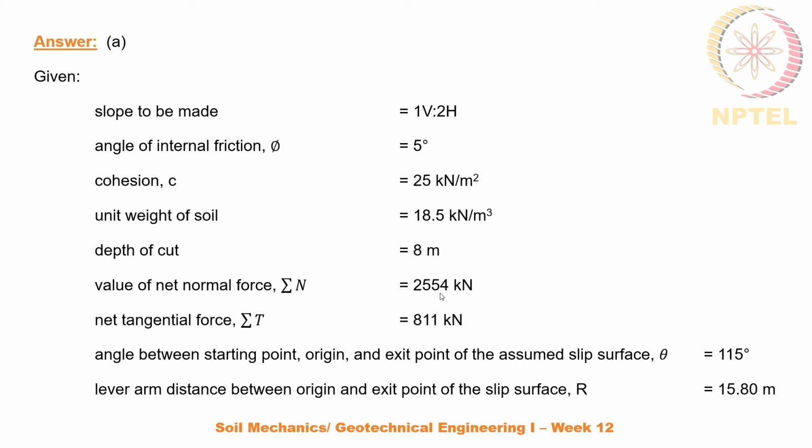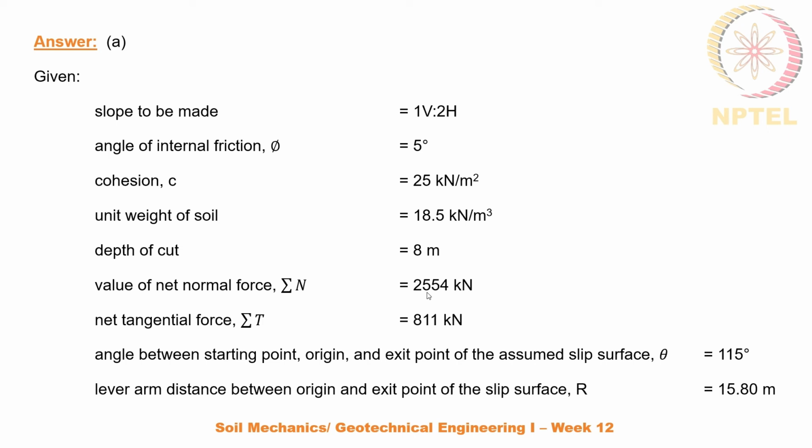So here we are given that the required slope is 1 vertical to 2 horizontal. Angle of internal friction phi is equal to 5 degrees. Cohesion C is equal to 25 kilonewton per meter square. Unit weight of soil gamma is equal to 18.5 kilonewton per meter cube. Depth of cut is given as 8 meter.